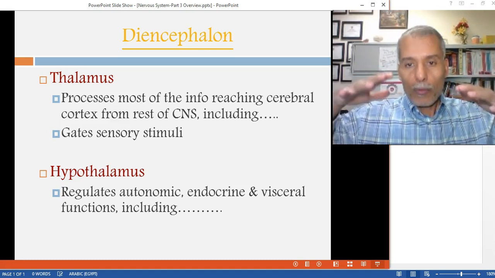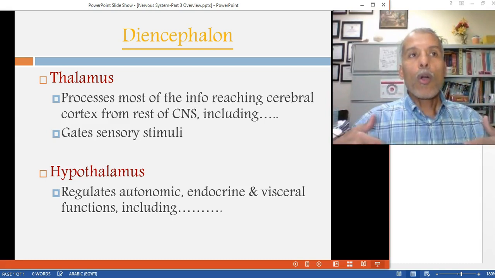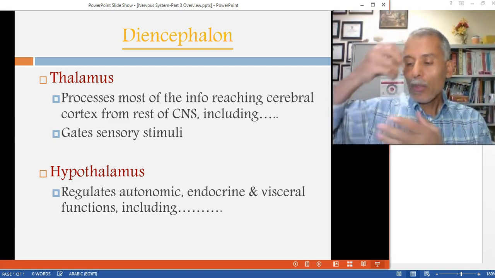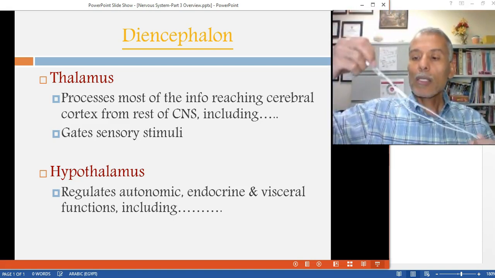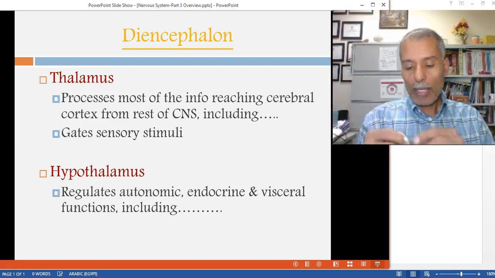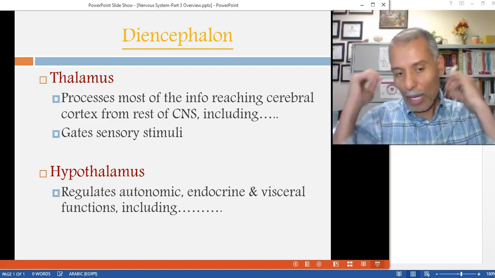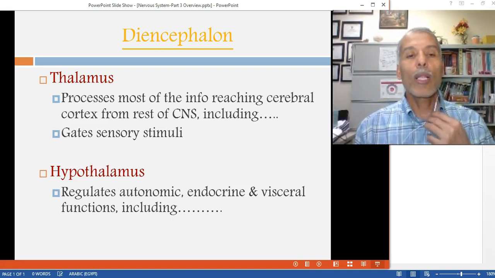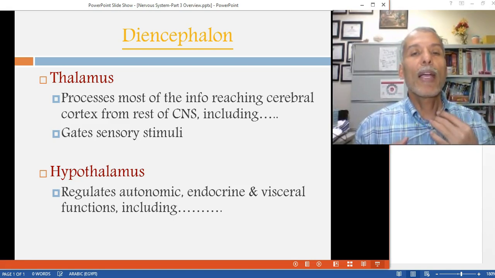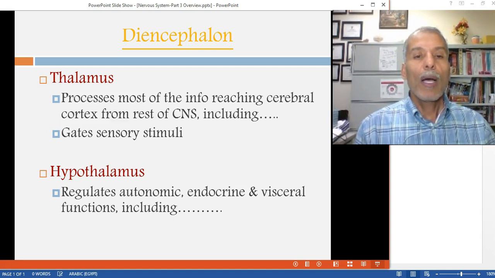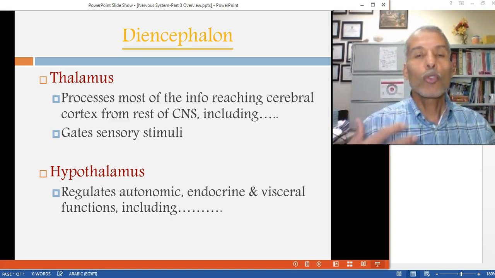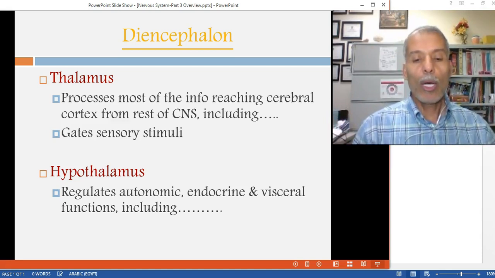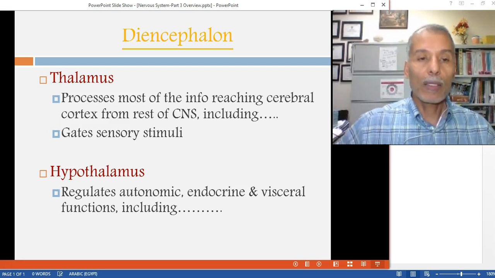So it tones them down. Or if some signals are not coming in optimally, like for example you are in a noisy situation and you can't hear well in the presence of noise, the thalamus can amplify auditory signals significantly in order to enhance the signals.